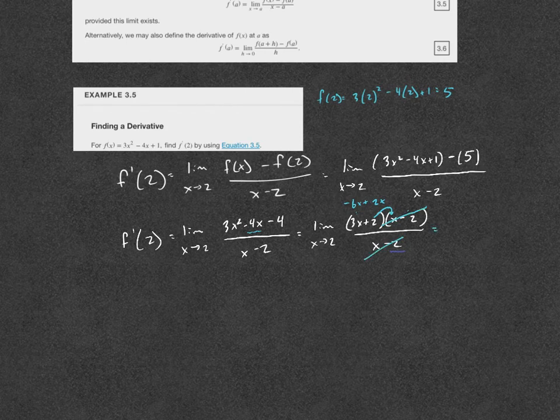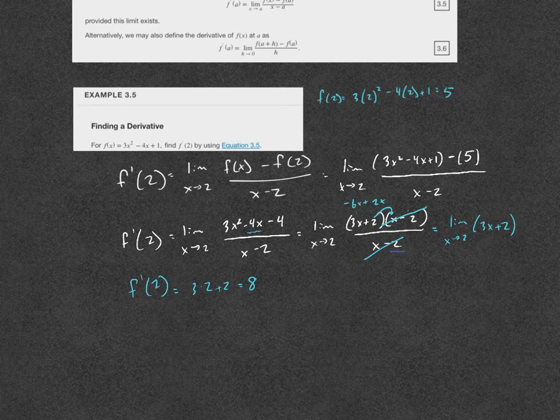And then what's left is the limit as x approaches 2 of 3x plus 2. I can just evaluate that limit. 3 times 2 plus 2 is 8. And that is f prime of 2, the derivative at the point 2.